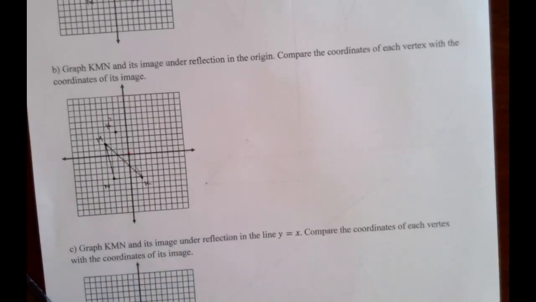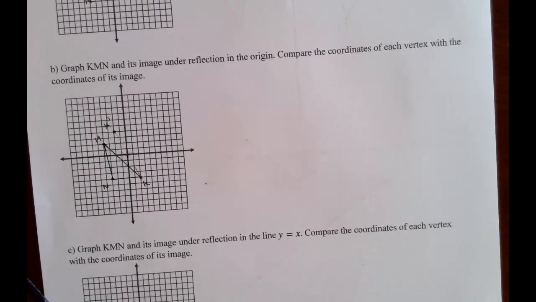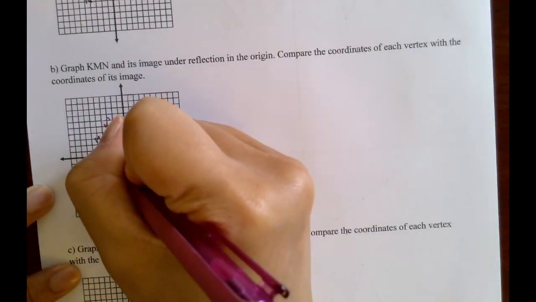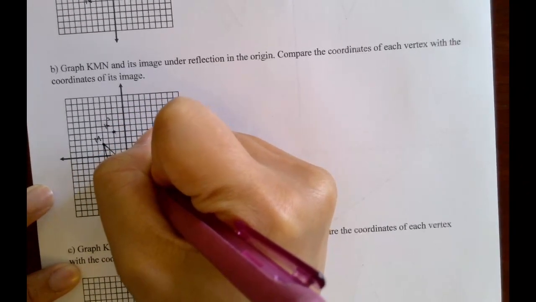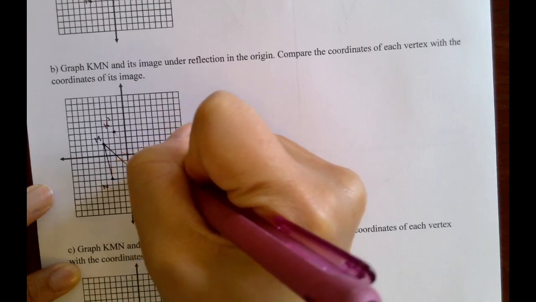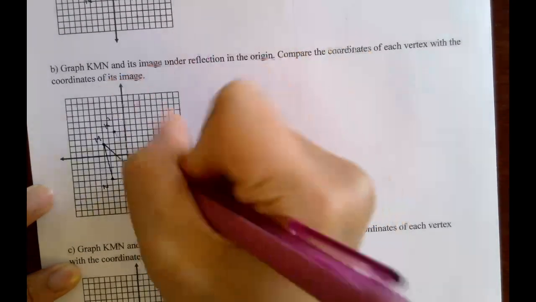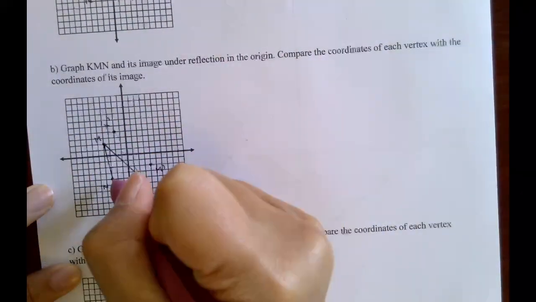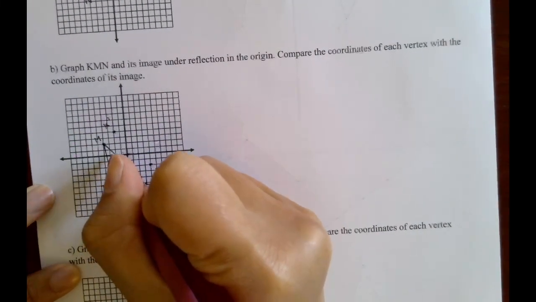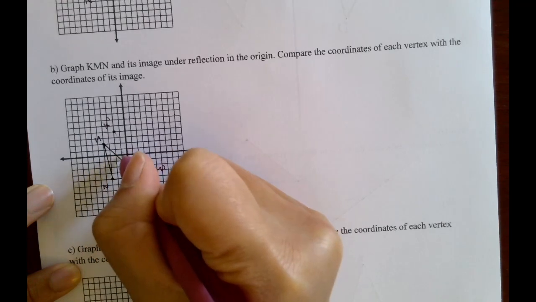Okay, then I'm going to do the same thing for M. Okay, so if I note for M, this is 2 units down, 4 units right. So I'm going to go 2 units down again, 4 units right. Okay. This will be my M prime. And then note N, I went 1, 2, 3, 4 units up, 1, 2, 3 right.